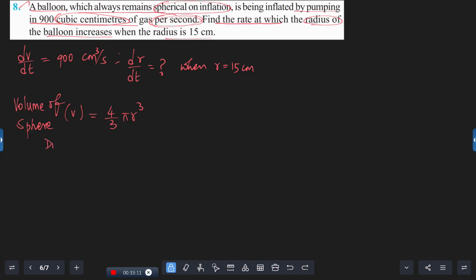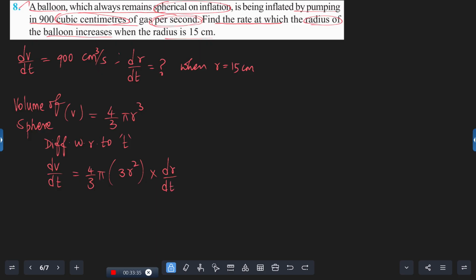Now I'm going to differentiate this with respect to t. dV divided by dt: 4 by 3 pi is a multiplying constant, let it be. r cube, when you differentiate, 3 r square multiplied by dr divided by dt.